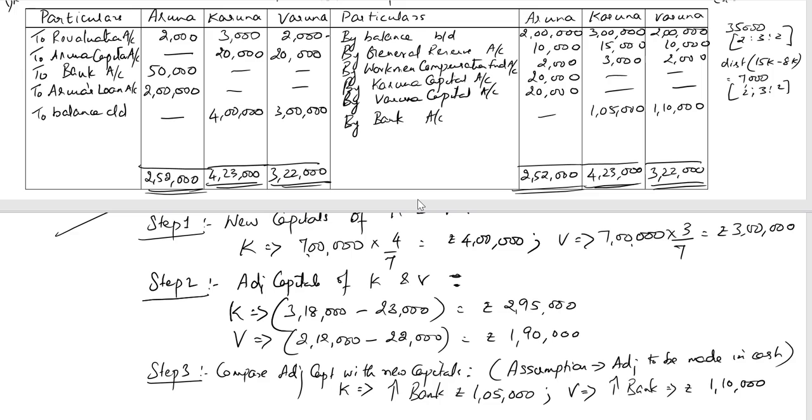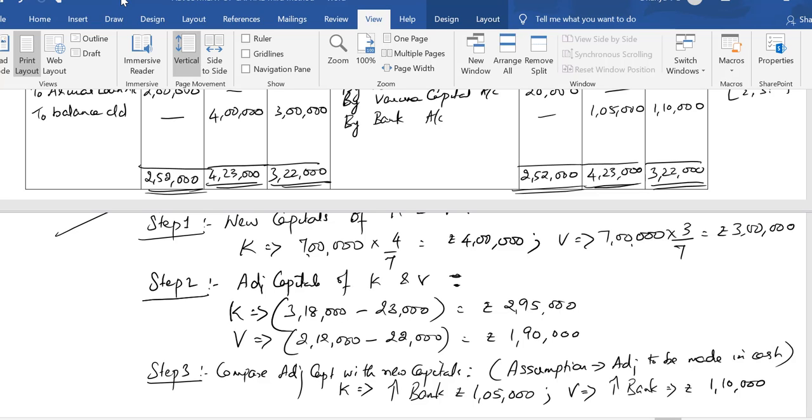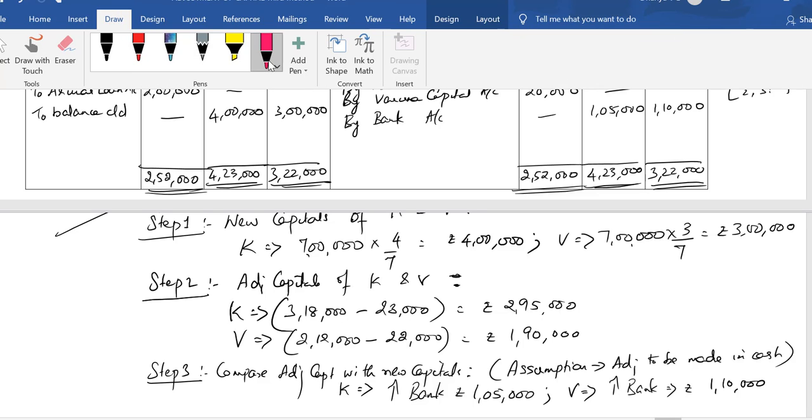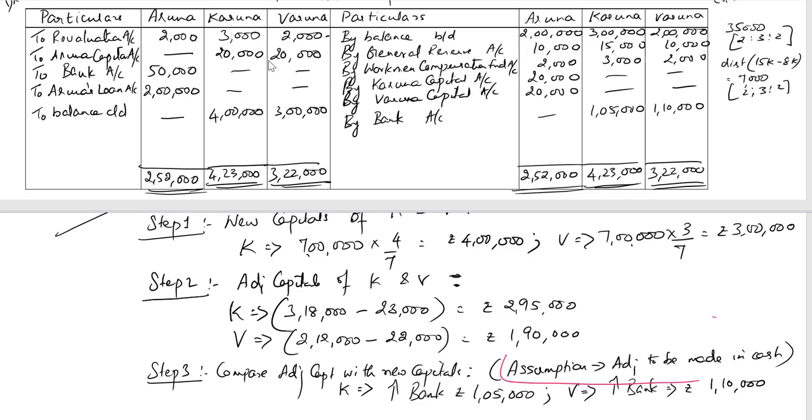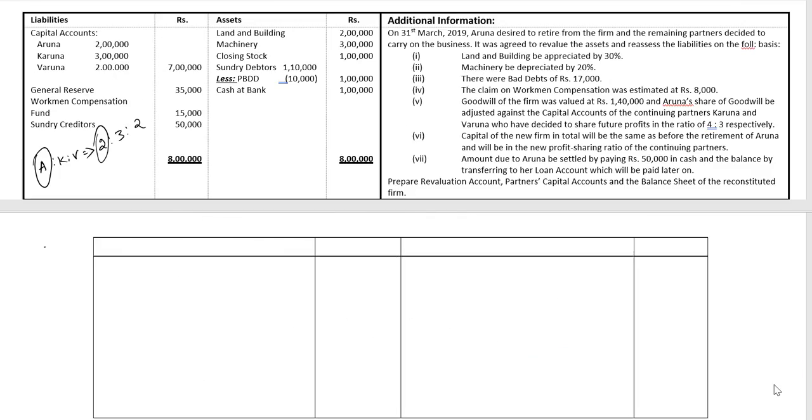Next, let's go into the balance sheet. While preparing the partners' capital accounts, we made an assumption that the adjustments are to be made in cash, since there was nothing specified in the question.